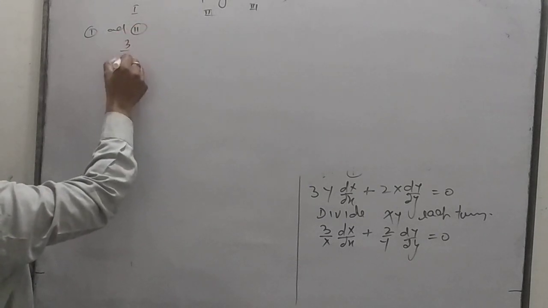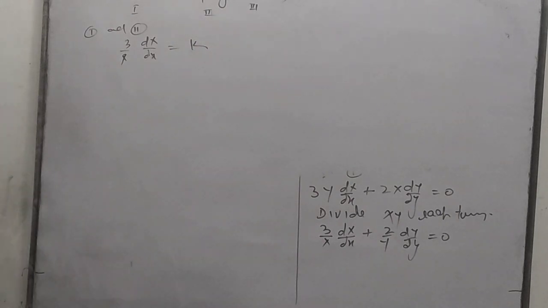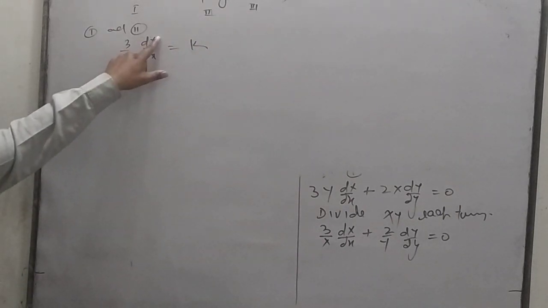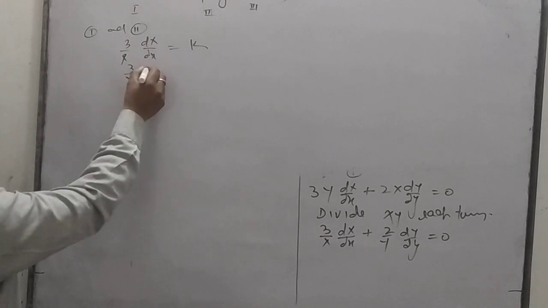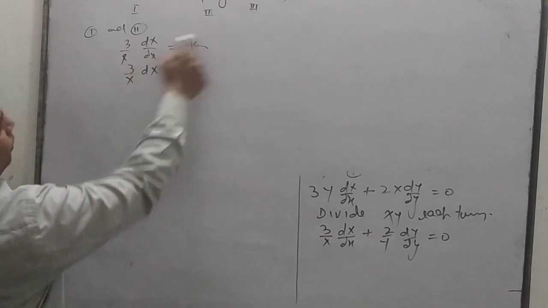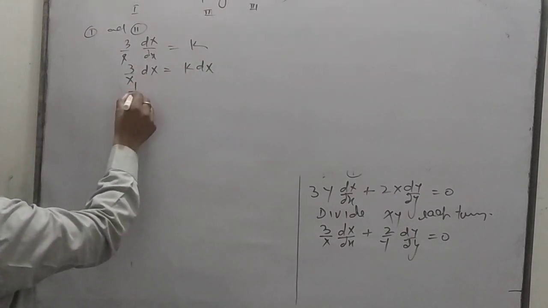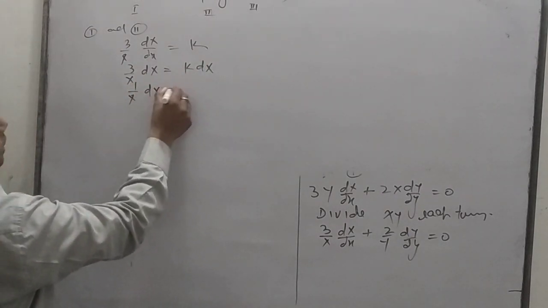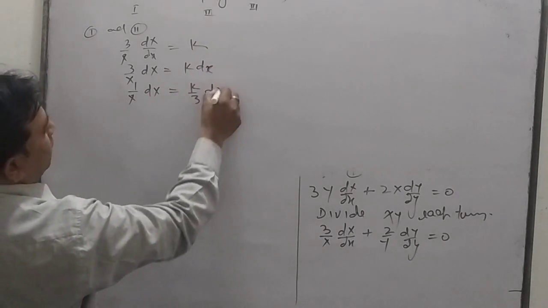So 3 over x dx over dx equal to k. So dx capital X and small capital X, d over x dx equal to value of this k over dx. Now 1 by x or dx equal to k upon 3, value of this small x and dx.